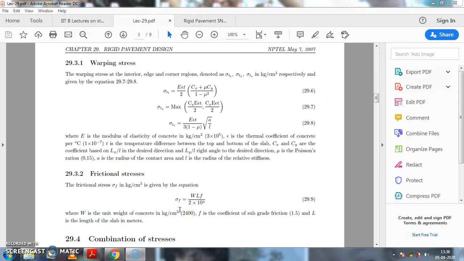For a long slab, we will find the greatest frictional resistance value at the ends of the slab, and the least would be at the center. That means I'm talking about the edge and corner, and at the interior practically no movement takes place.